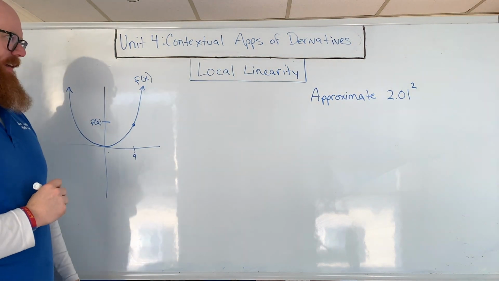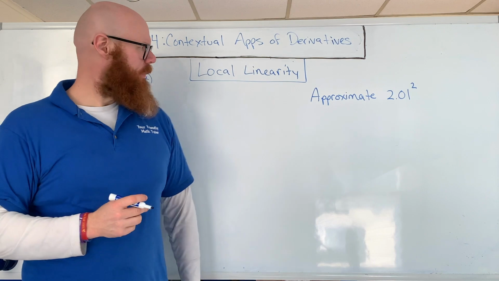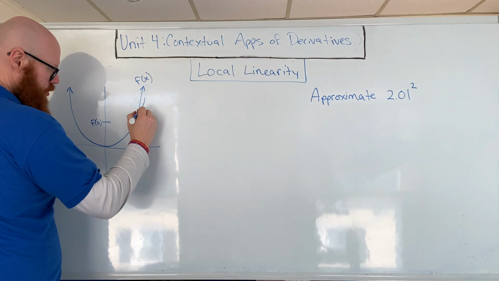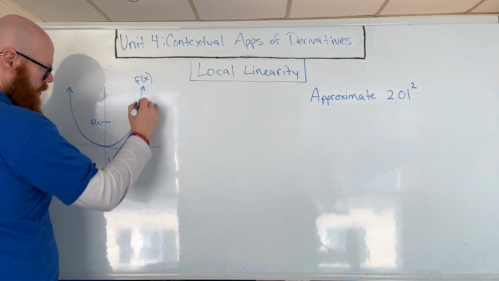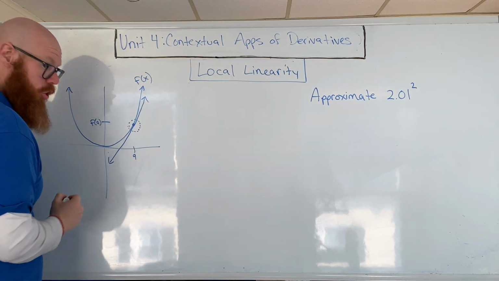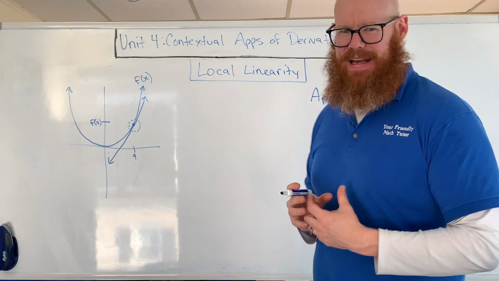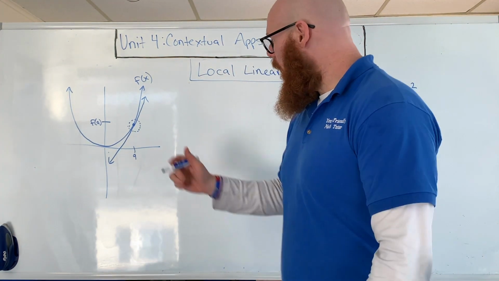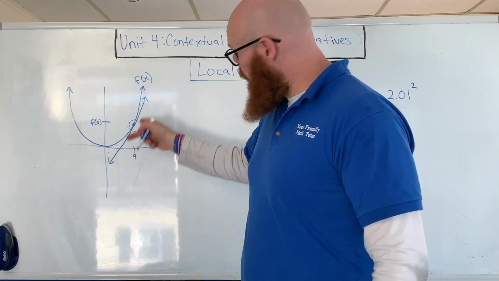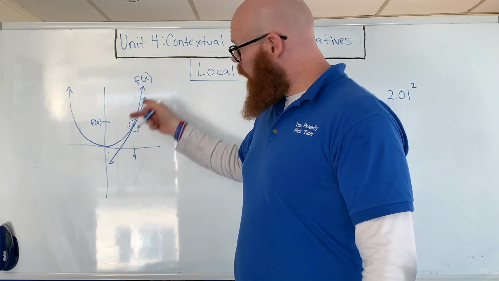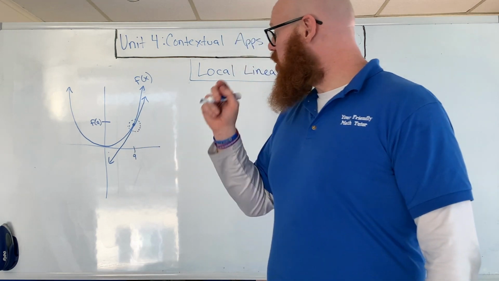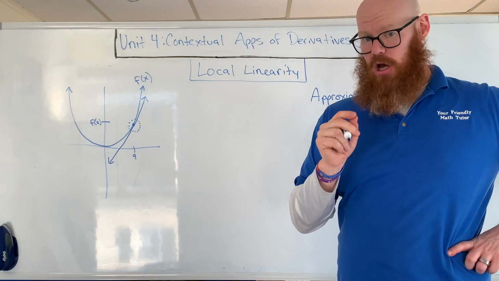What local linearity is, the word local just means nearby, and linearity means line. So if I make a tangent line, which we've learned how to do, if you zoom in right here, locally, in the neighborhood of the point (a, f(a)), this line, which is kind of a poor excuse for a line, but if this were a very good line, that line would be, just in this area, very close, a good approximation of the curve.